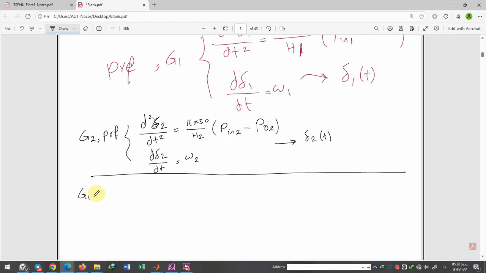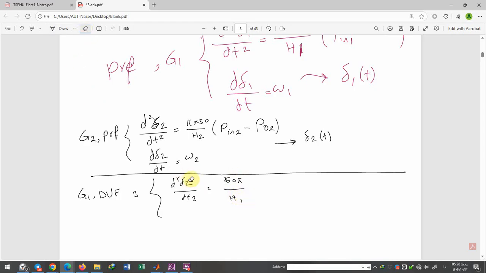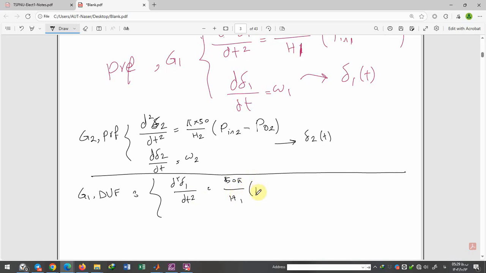For example, G1 during fault is d2 delta 1 over dt2 equals 50 pi on H1, excuse me, P mechanical input of generator 1 minus P output of 1, and d delta 1 over dt is omega 1.